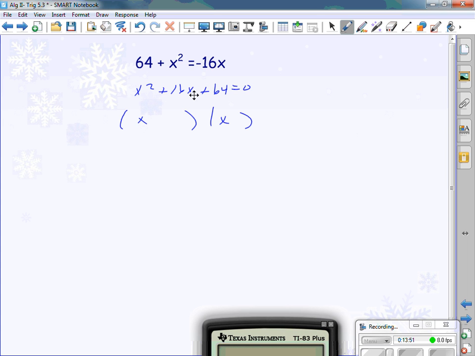Signs are the same, both have to be positive. We got to think, how can I get a 64? 1 and 64, 2 and 32, 3, no, 4 and 16, 5, no, 6, no, 7, no, 8 and 8. Signs are the same. You're going to still end up with 8 and 8.